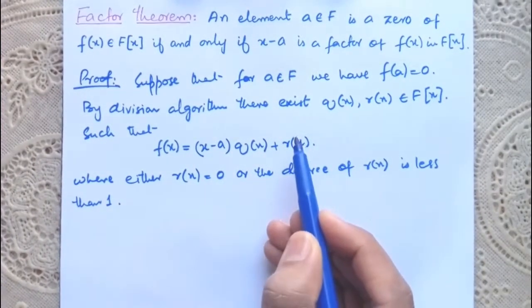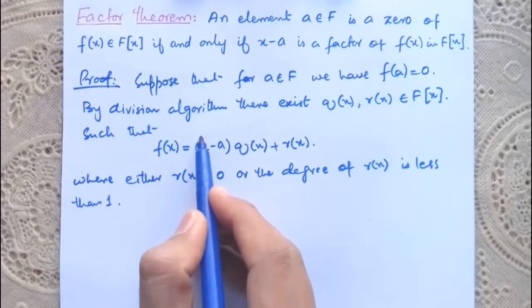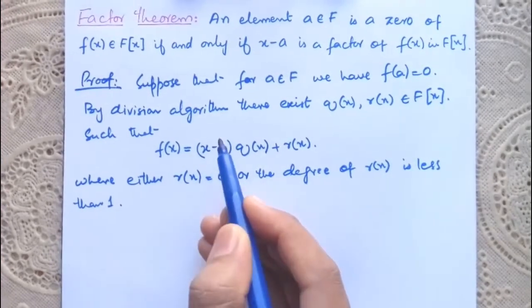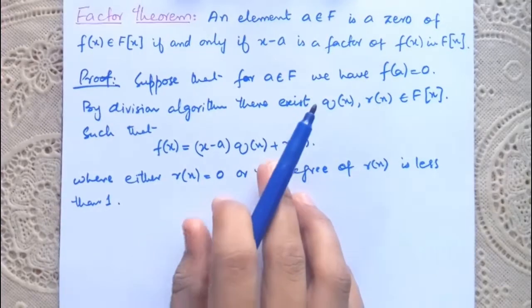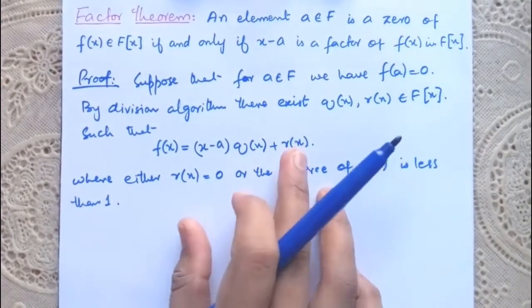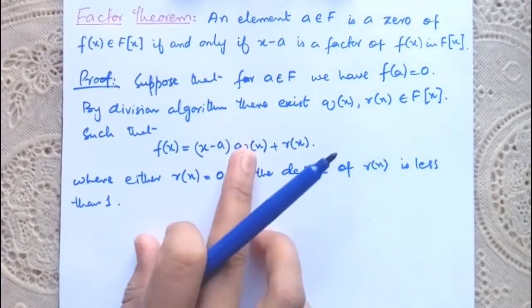So if the degree of g of x is equal to 1, then it is necessary that the degree of r of x is 0, because r of x is a polynomial having degree less than 1, right?